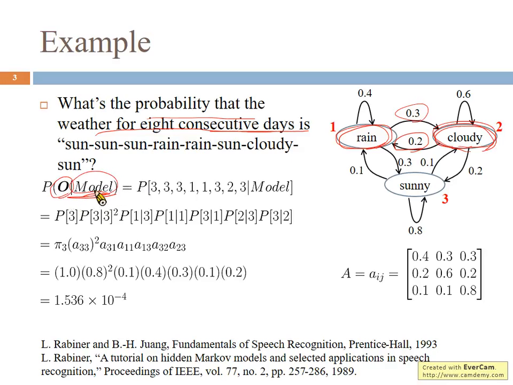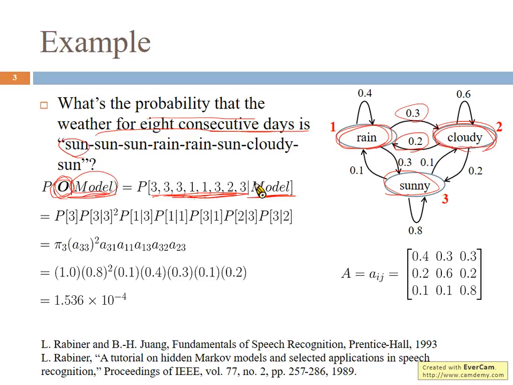Given this model, we know that state 3 means sunny. So this is the state sequence 3, 3, 3, 1, 1, 3, 2, 1. Given this model, what is the probability of such a state sequence occurring? The probability is easy to calculate.